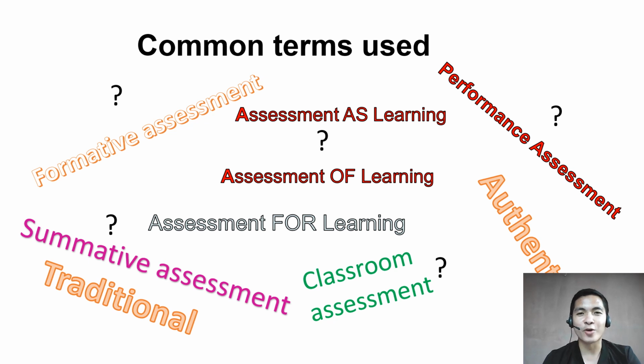There are different common terms used in assessment. Let's go back. What is all about assessment? Generally, assessment is seen as a process for gathering evidence and making judgments about students' needs, strengths, abilities, and achievements. So assessment is meant to monitor improvement of the students' learning.